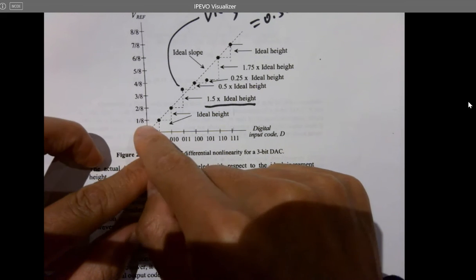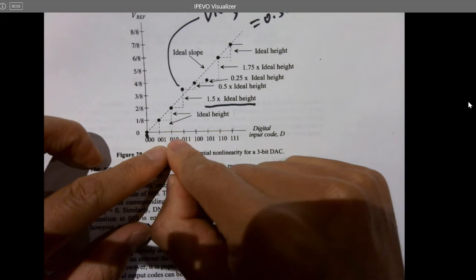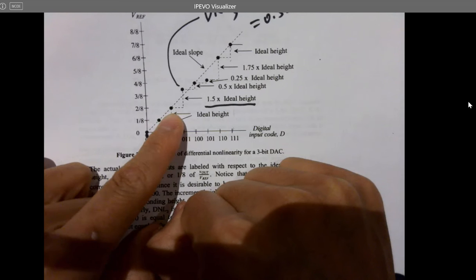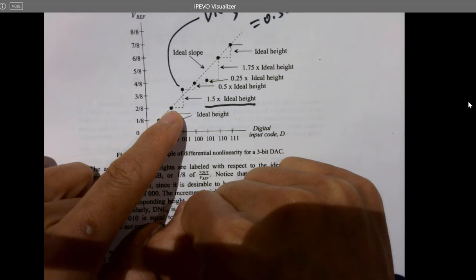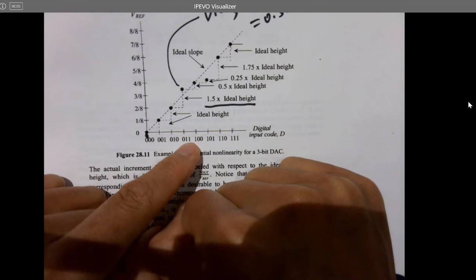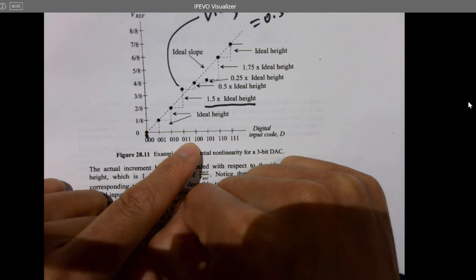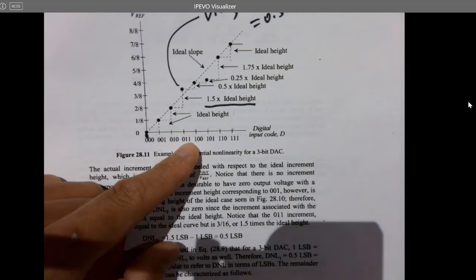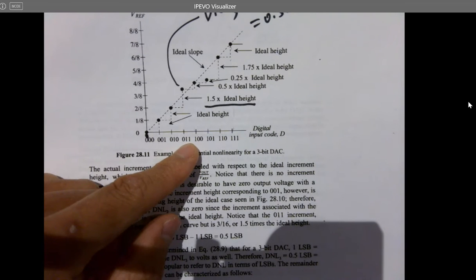It's supposed to have 1 LSB here. For DNL 2, it's also 0. But for DNL 3, it's not 0 anymore. Trying to recall the definition of DNL: it's the actual increment height minus the ideal increment height, and the ideal increment height is always 1 LSB. So it's easier to remember: it's always minus 1 LSB.